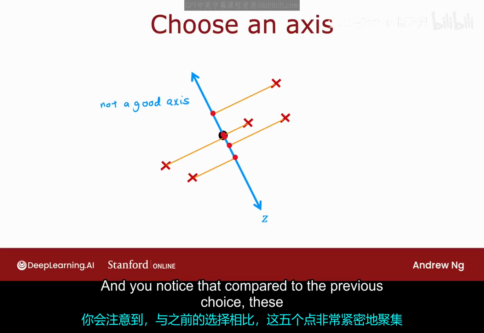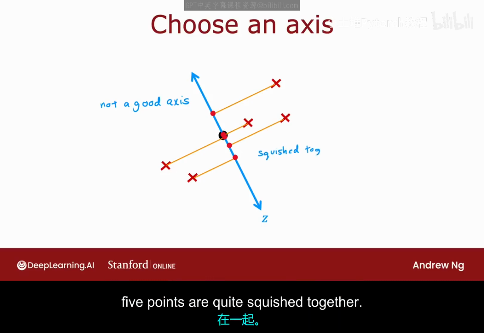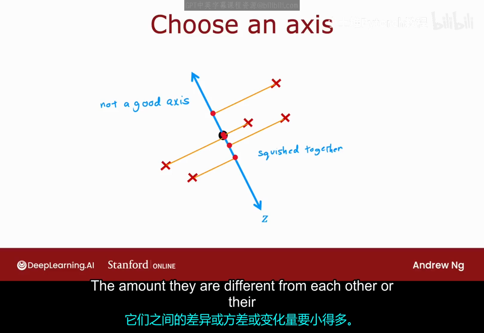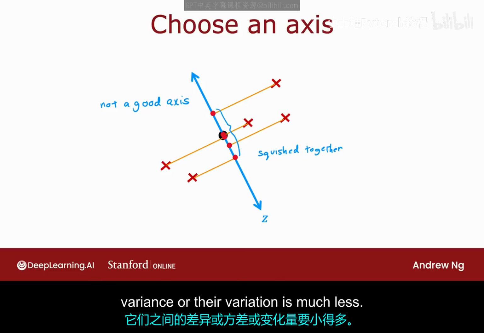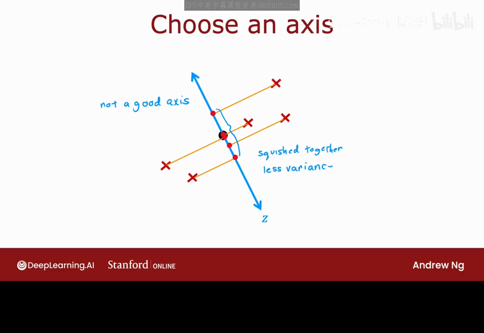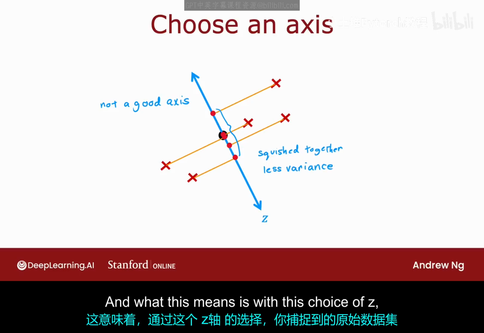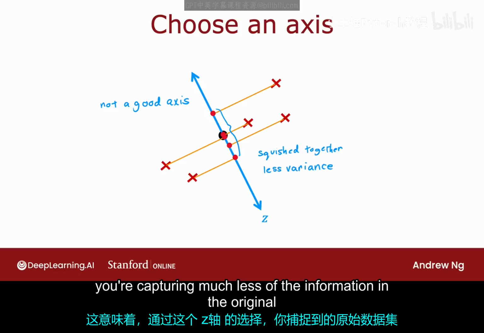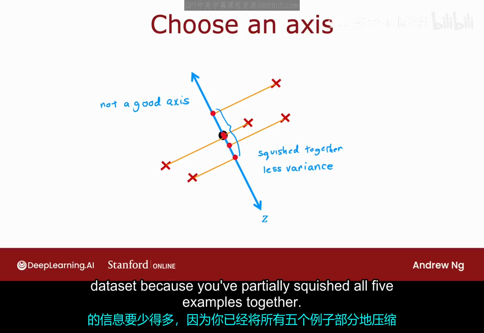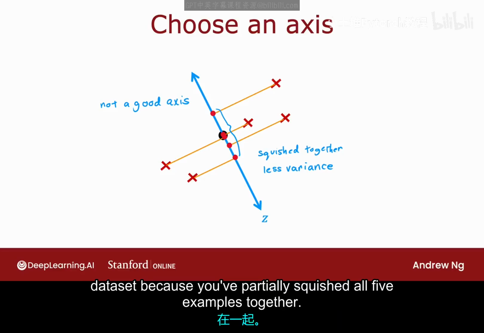And you notice that compared to the previous choice, these 5 points are quite squished together. The amount they are different from each other, or their variance or the variation, is much less. And what this means is with this choice of z, you're capturing much less of the information in the original data set because you've partially squished all 5 examples together.